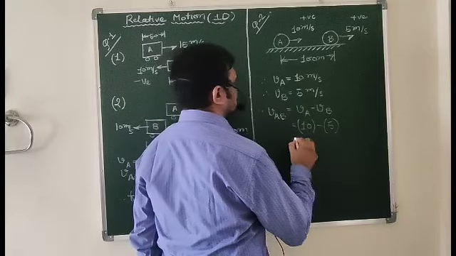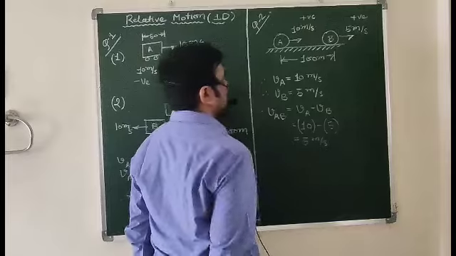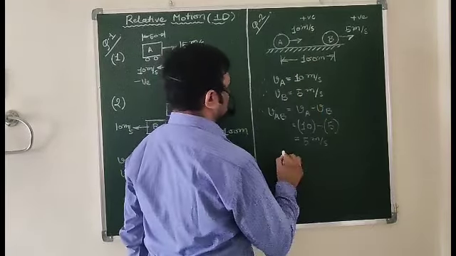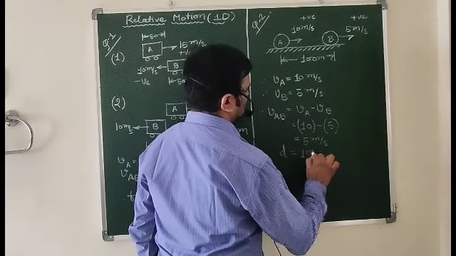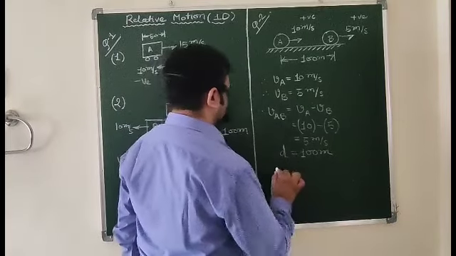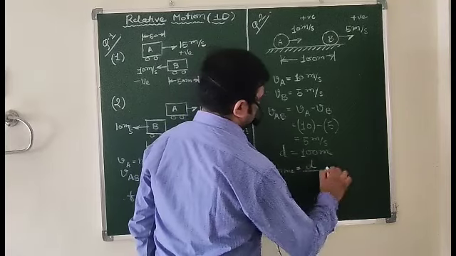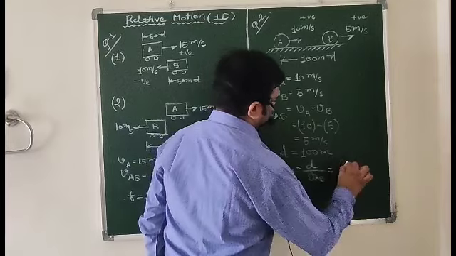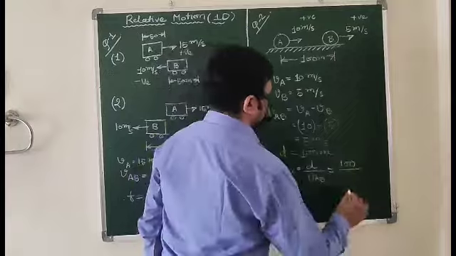So 10 minus 5 is equal to 5 meters per second. The relative distance of A with respect to B, that is D, is equal to 100 meters. So ultimately the time is relative distance divided by relative velocity: 100 divided by the relative velocity, that is 5.